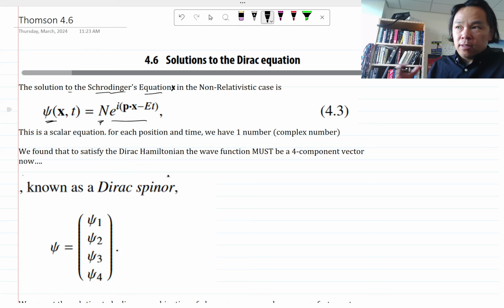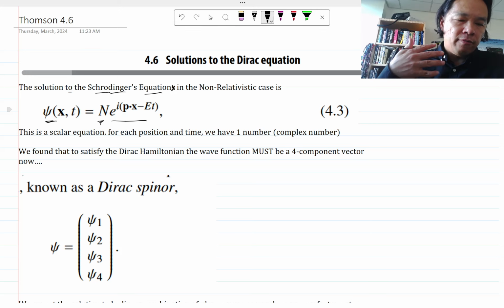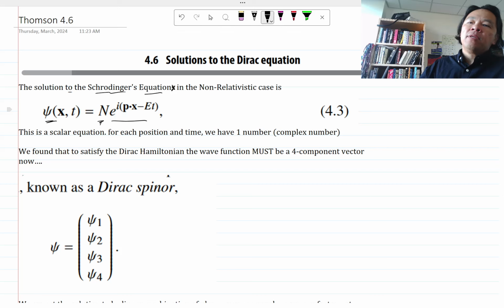And the idea is that if you have a particle that is a superposition of multiple momenta, multiple energies, you can add those up and make any arbitrary wave function out of these plane wave solutions. So the main idea is that if we are able to solve the plane wave solution, the arbitrary wave solution could be written as just a linear combination of these plane wave solutions.